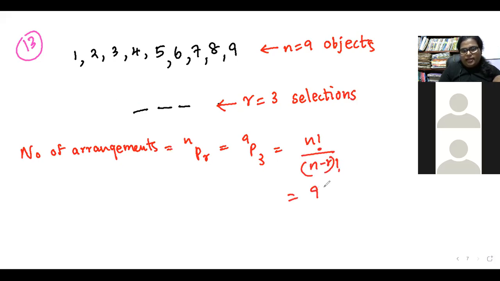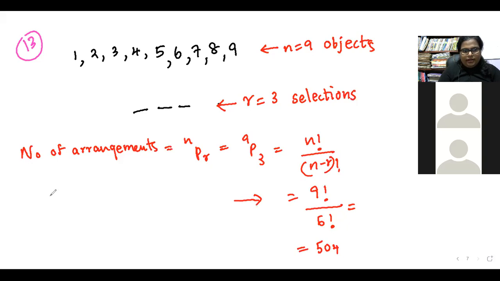So our n is 9: 9 factorial divided by (9 minus r) factorial, that means 6 factorial, right? 9 minus 3 is 6. So we can take the answer here, 9P3, the answer is 504.